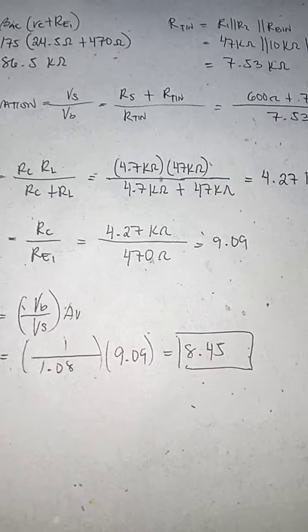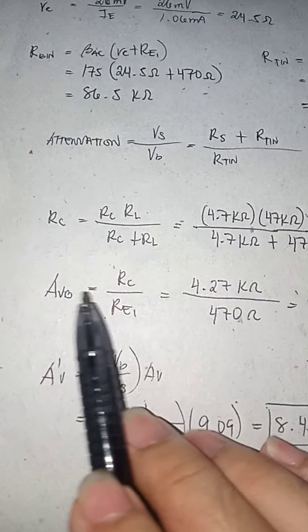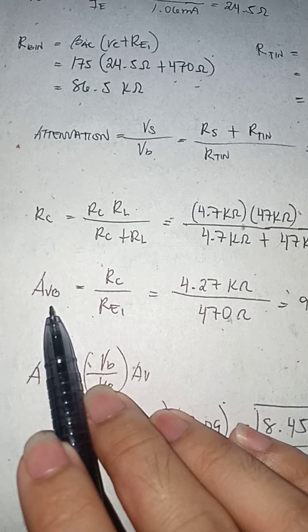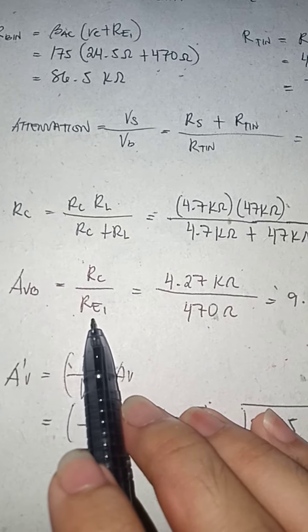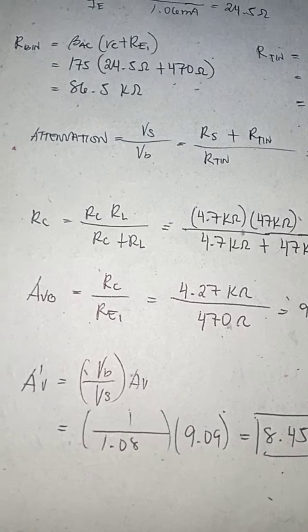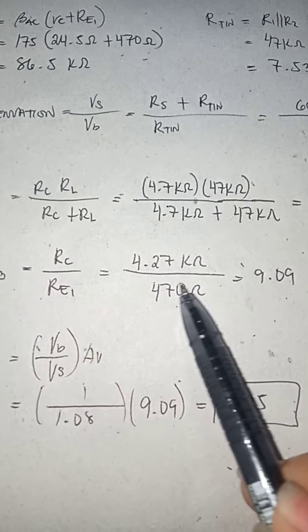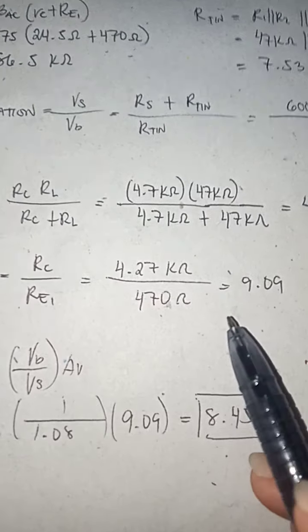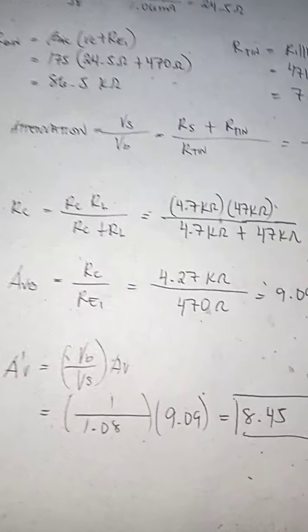Now, the base to collector voltage gain is equal to RC over emitter resistance 1, which is 4.27 kilo ohms over 470 ohms, equal to 9.09.